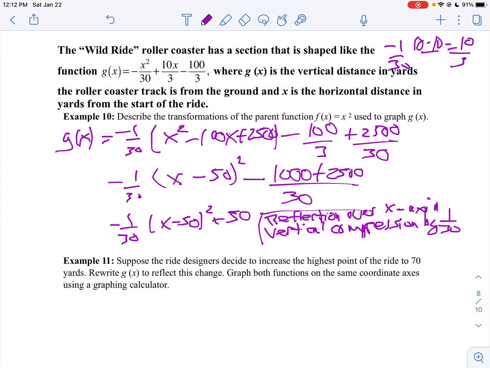And then I'm going to move my graph 50 units to the right, because it's x minus 50, and 50 units up. That's what's going on in our graph here.